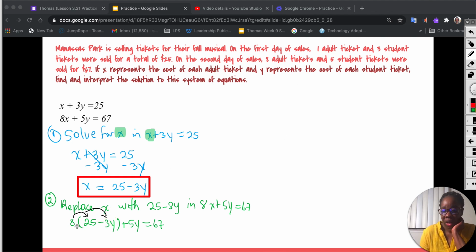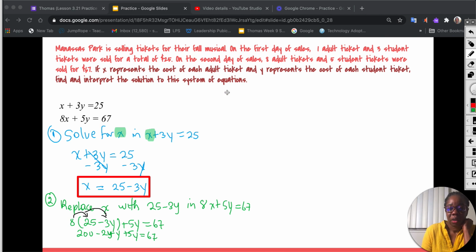So 8 times 25, that's 200. 8 times 3, that's a negative 24y, plus 5y equals 67.